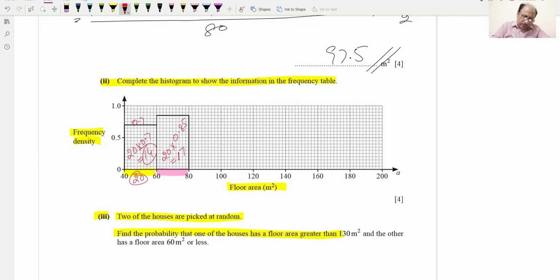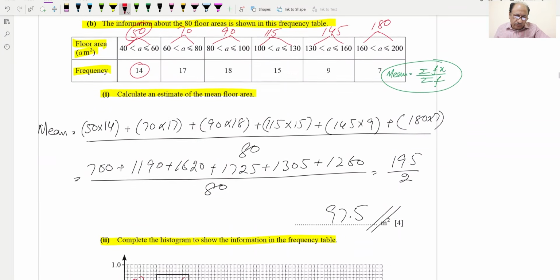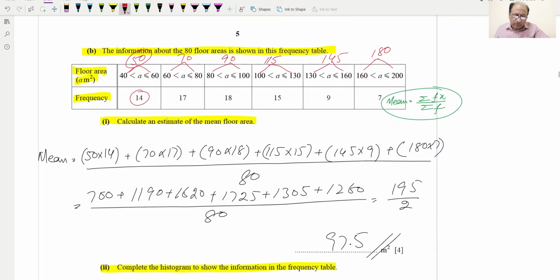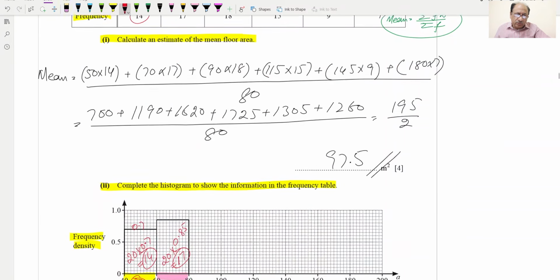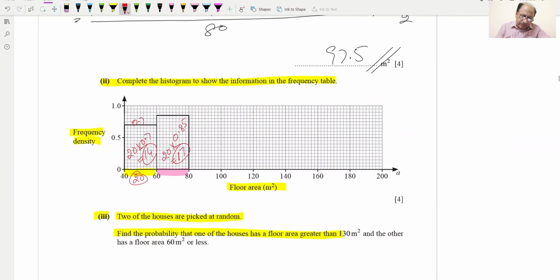And if we check the third, the frequency is 18, for 80 to 100. So 80 to 100 will be this one, and it should be 18. So the height should be 0.9. We can divide 18 by 20.